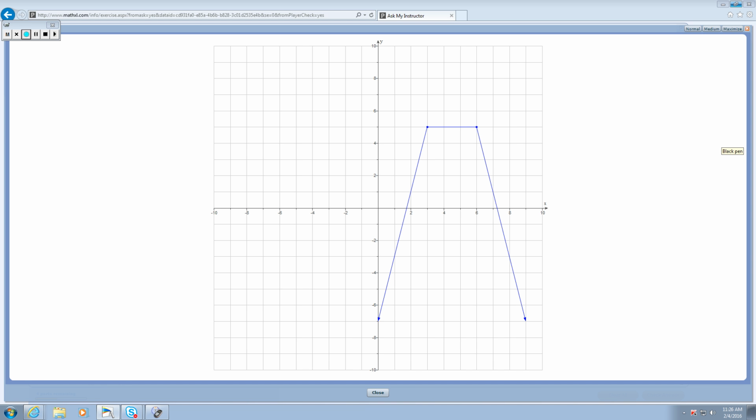Now, what do you do for increasing and decreasing values? Increasing and decreasing values basically means: what is x when values are going up and down?